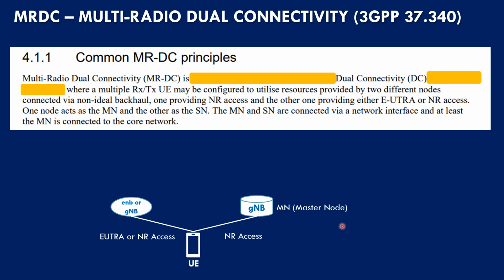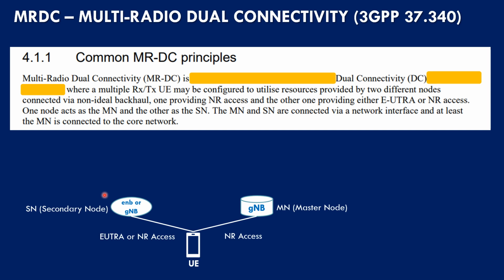Master node is the one which has control plane connectivity towards the core, and the other acts as SN, secondary node. So in this example, we are considering this G node B as master node, but there can be several other use cases where master node can be considered as E node B. We will be discussing those on subsequent slides.